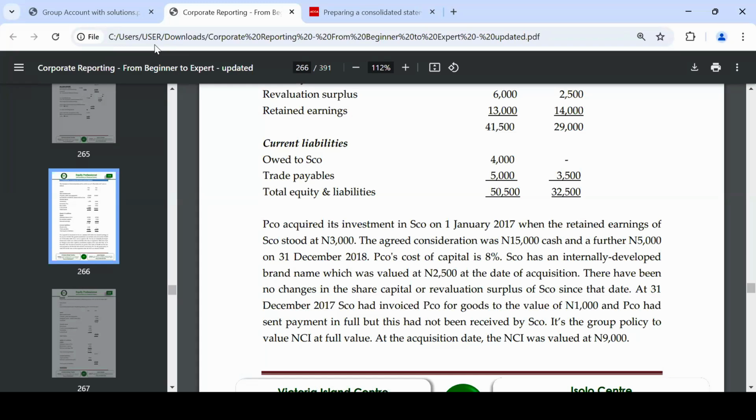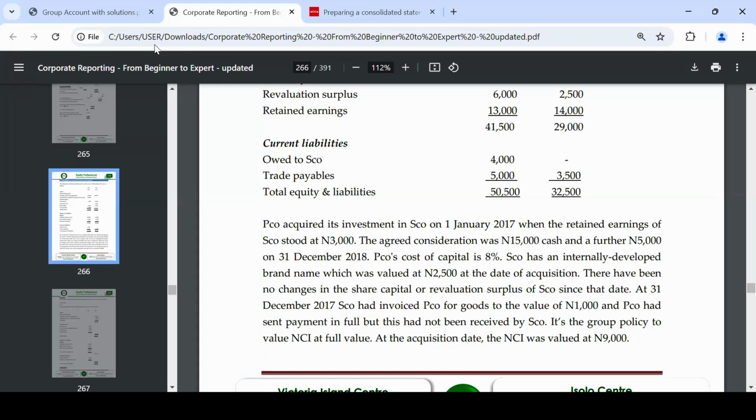There have been no changes in the share capital or revaluation surplus of ESCO since that date. Okay? What's the implication of this? It simply means that there have been no changes. ESCO ordinary shares remain the same. Their revaluation surplus has also remained the same, because you can see the revaluation surplus there.